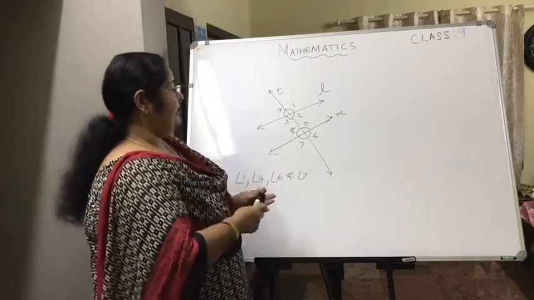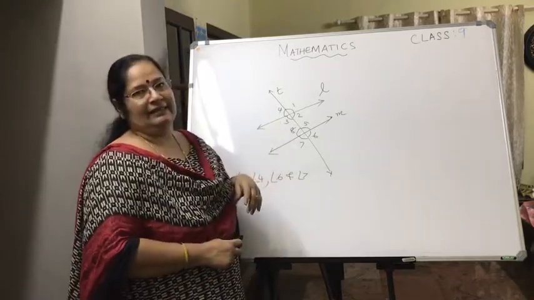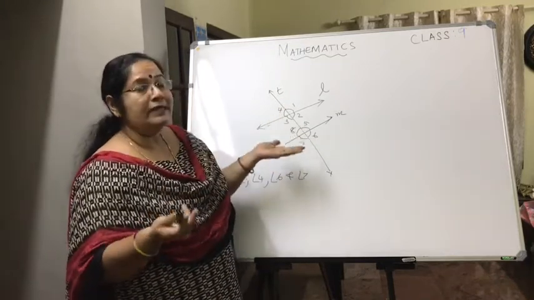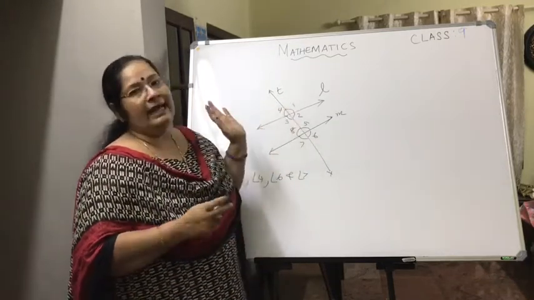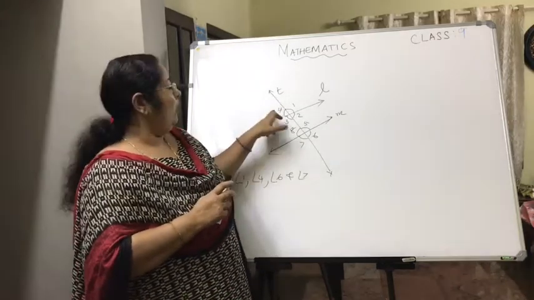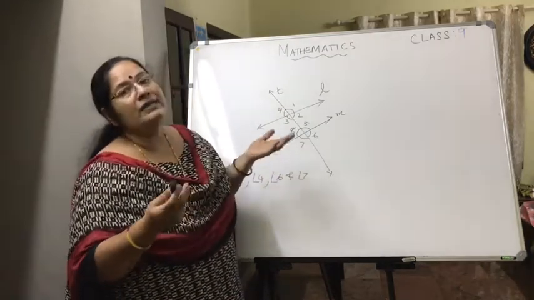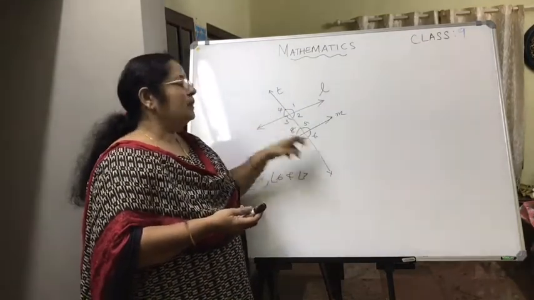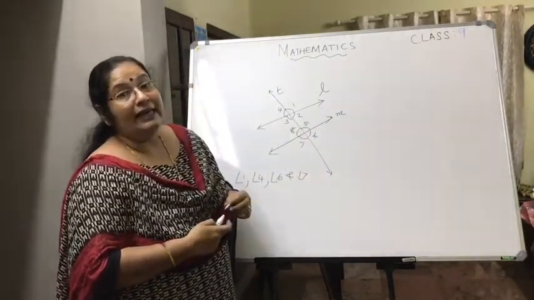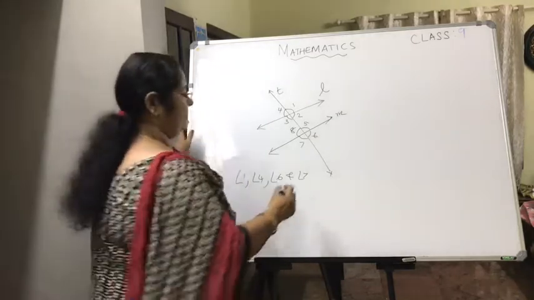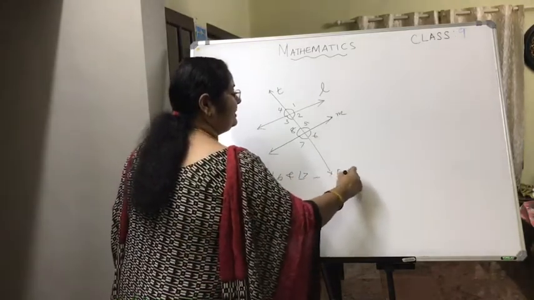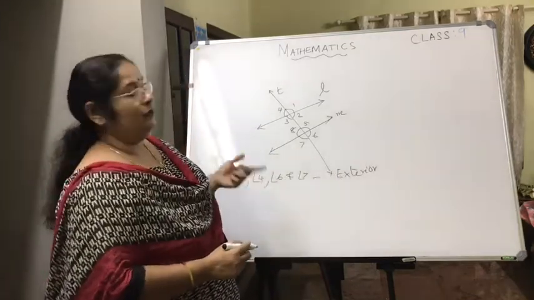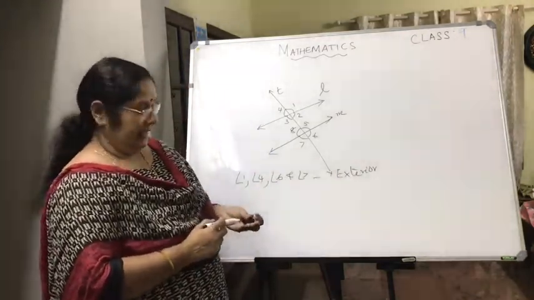Where are these angles placed? These angles are placed outside the two lines L and M. Hence, these 4 angles are called exterior angles. Exterior means outside.